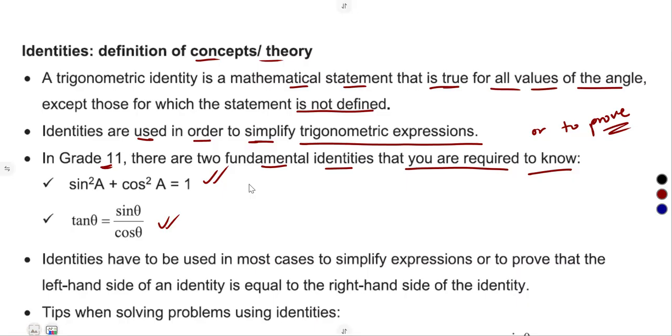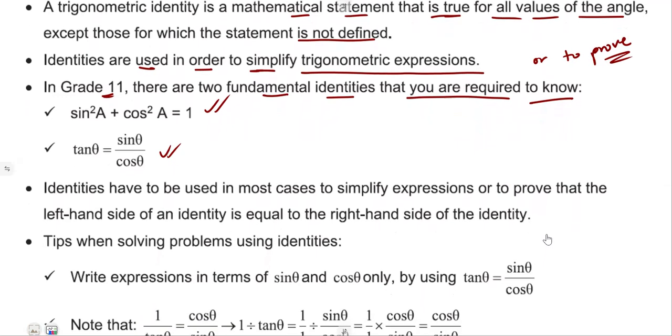So these are the basic, the fundamental, the beginning of your identities, where you start to say, now I'm working with identities. That is where you start. Failure to answer questions on the fundamentals, guys, is going to make it difficult for us to understand those compound angles, those double angles. So that is why we need these basics.